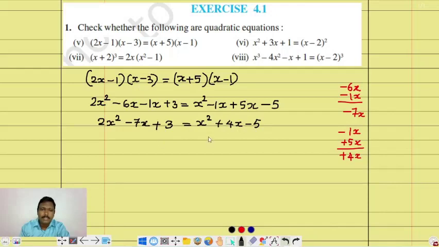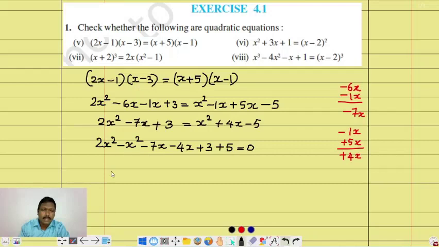Now you can transpose all these terms to the left side, then you will get 2x squared minus x squared, minus 7x, and this plus 4x changes on the left side to minus 4x, plus 3, and minus 5 you can transpose, it will be plus 5, is equal to 0.